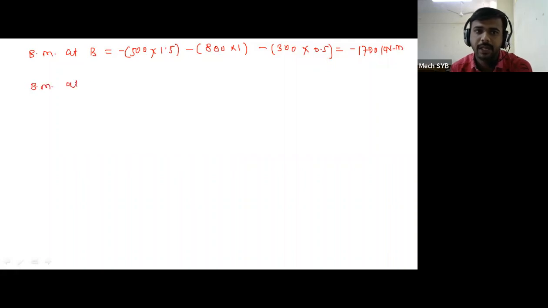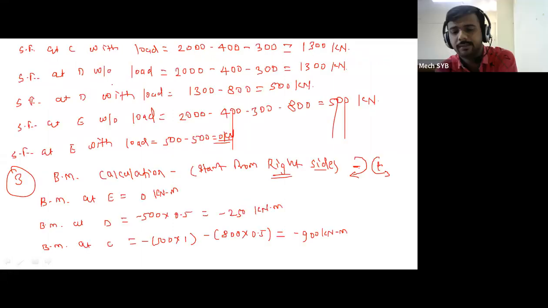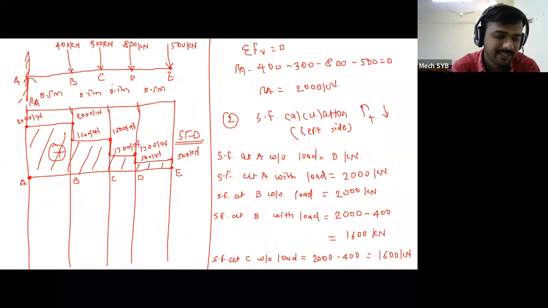BM at A, whether it is coming equal to 0 or not. जरी हा बीमचा एंड पॉइंट असेल तरी ह्या पॉइंटला तुमचा बेंडिंग मोमेंट 0 असेल का? No, sir. No. Why? It is fixed. आणि फिक्स्डला आपण काय सांगितलंय?